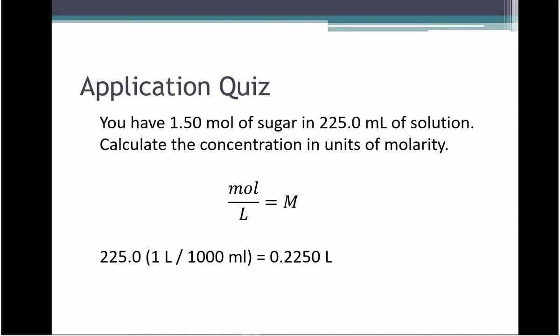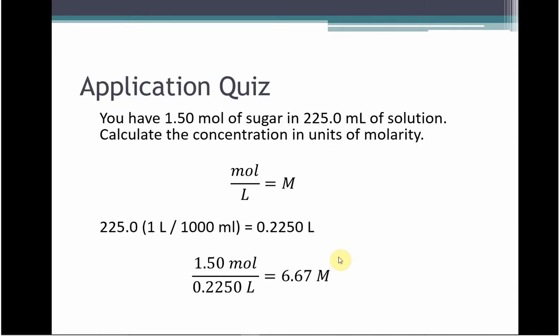At this point, we have both the moles and the liters. We can go ahead and plug those values in. And so we can take 1.50 moles of sugar divided by the liters, and you get something like 6.67 molar.